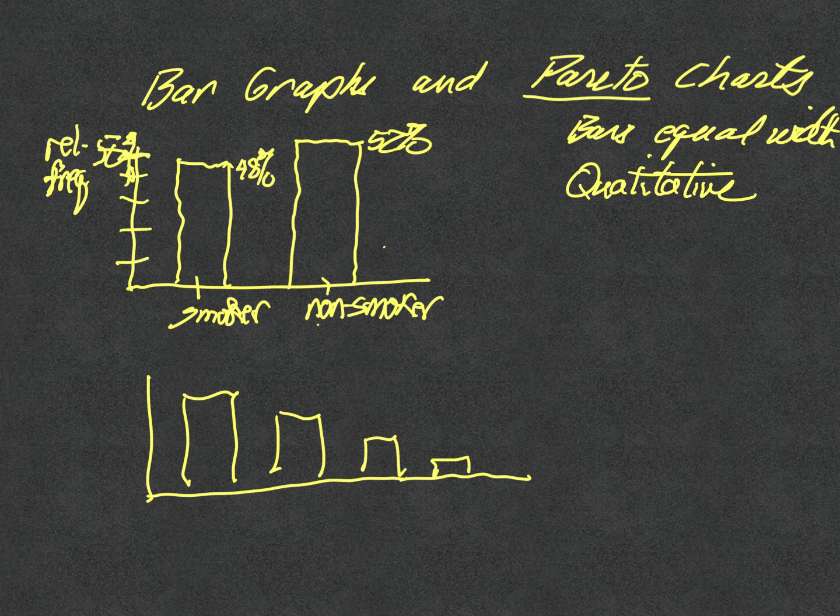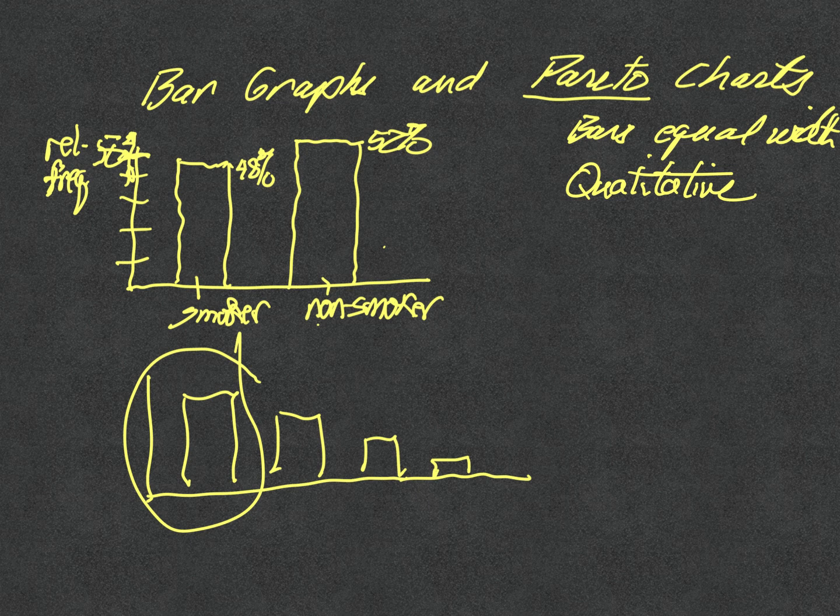And so Pareto charts will draw attention to categories that have the most in it. And in general, bar graphs and Pareto charts give us a sense of relative sizes, which size is better than the other.